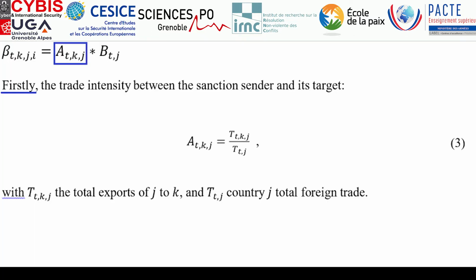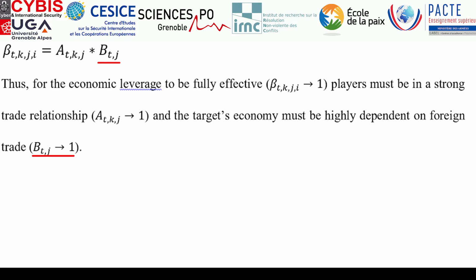Then comes the beta parameter, that is the economic leverage. It's the ability of the sanction sender to apply economic pressure on its targets. It's composed of two sub-variables, A and B. The first one, A, is the trade intensity between the sanction sender and its target. And the second one, B, is the weight of trade in the target's GDP.